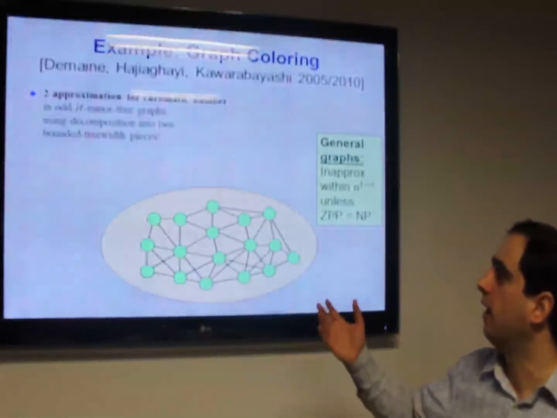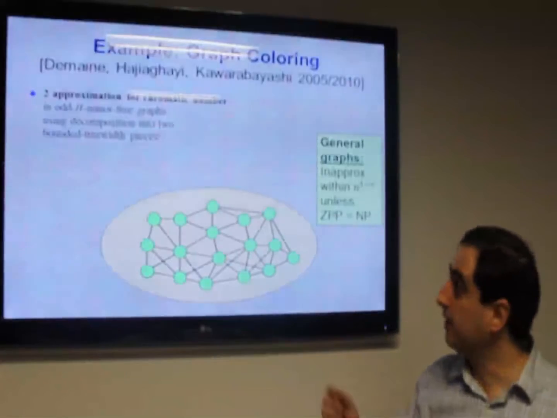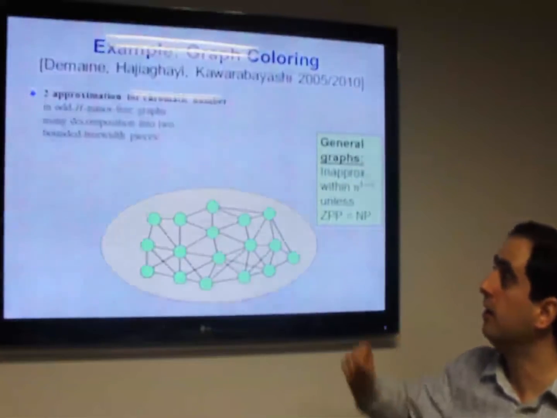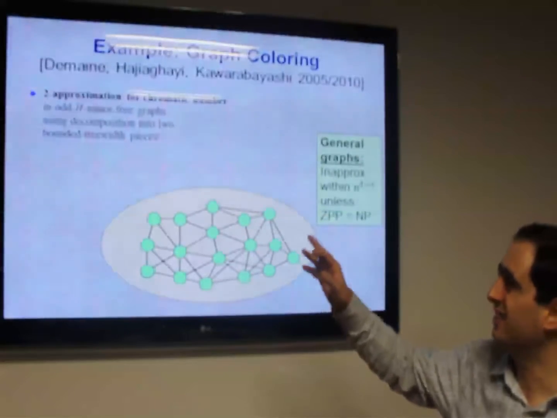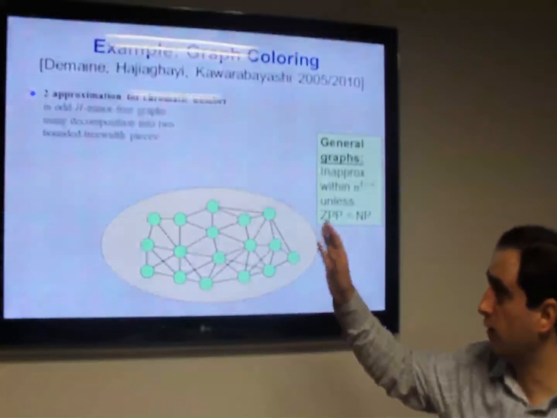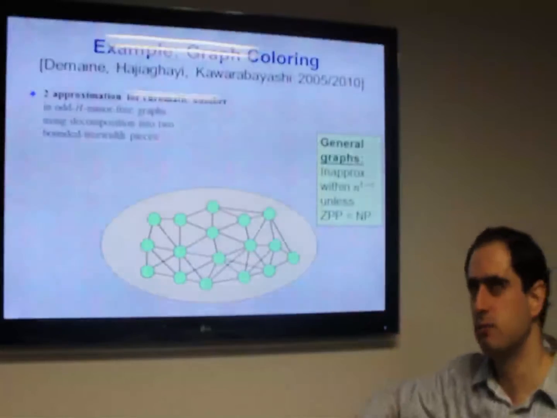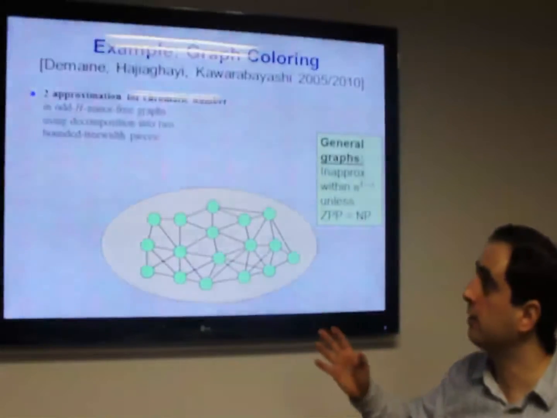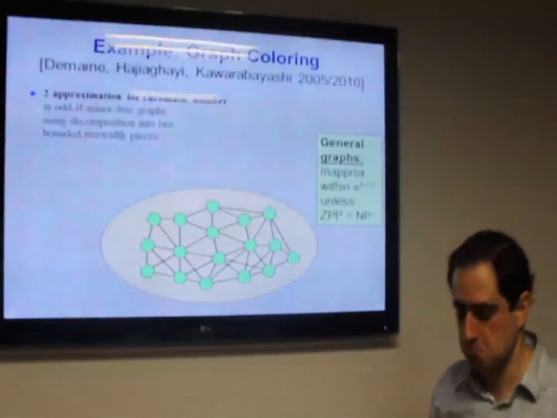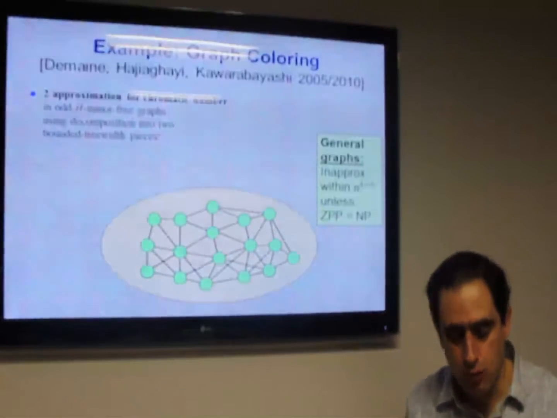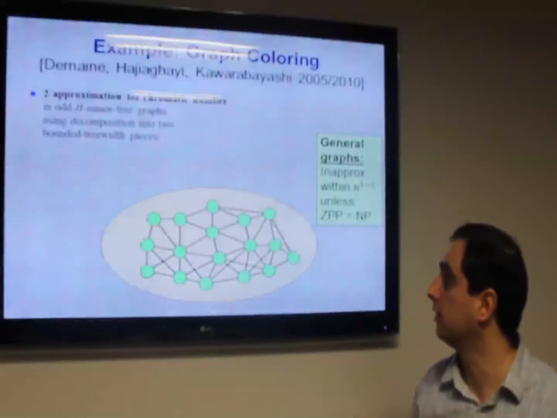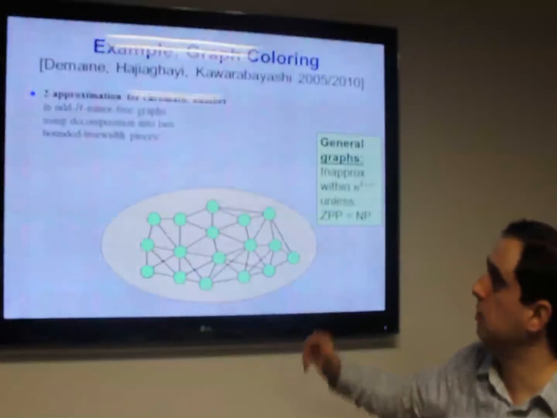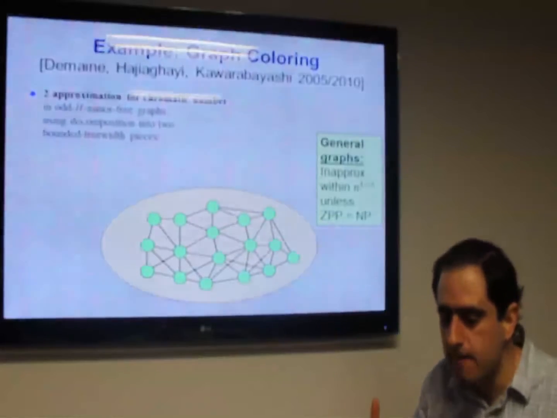Now, I want to say I can give a two approximation algorithm for chromatic number on H-minor free graphs, using the decomposition that I have mentioned. Let's see how. I want to get a two approximation algorithm for coloring on any H-minor free graph for a fixed H.